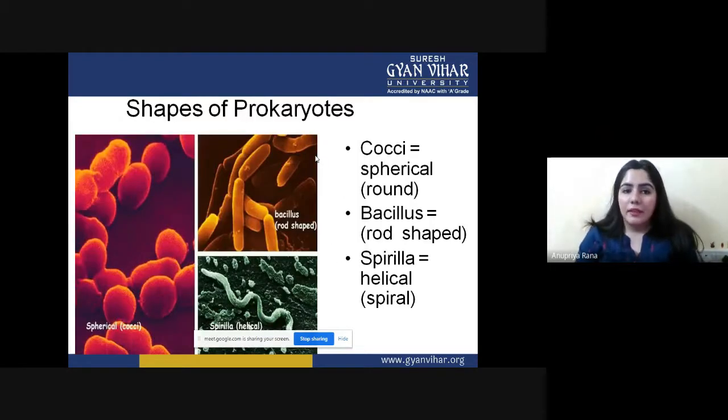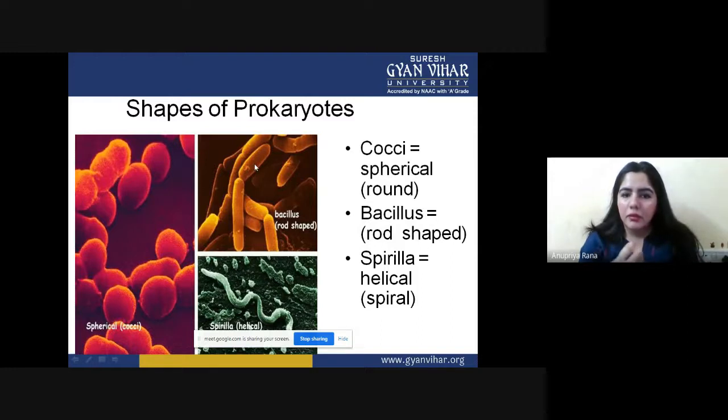Now you can see some shapes of the prokaryote cells. They are very small. Here you can see a spherical shape. This is the bacillus rod shape; these are a little elongated, but not very thick.